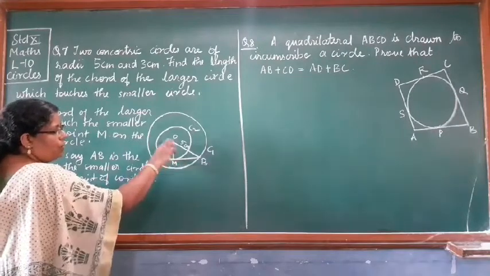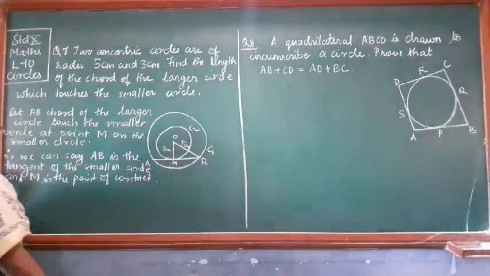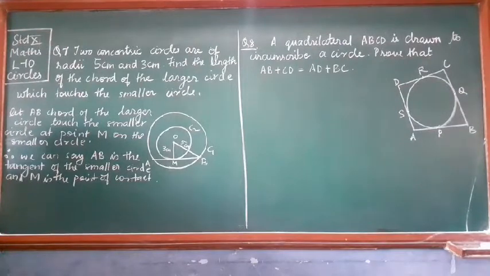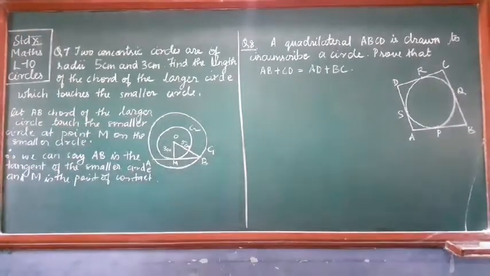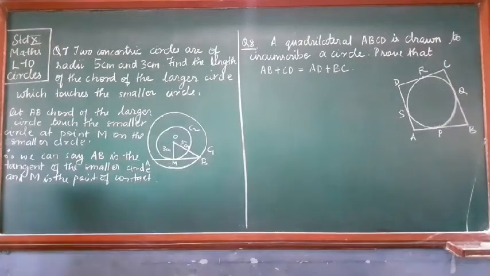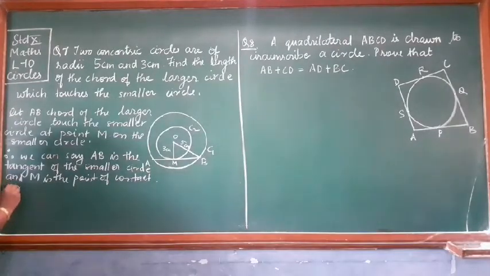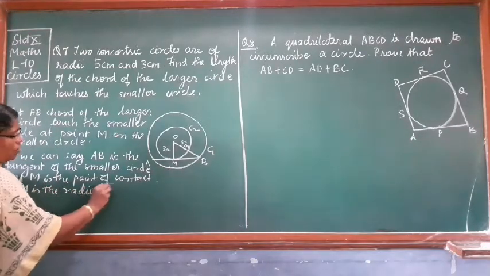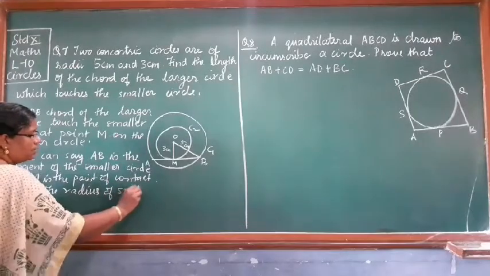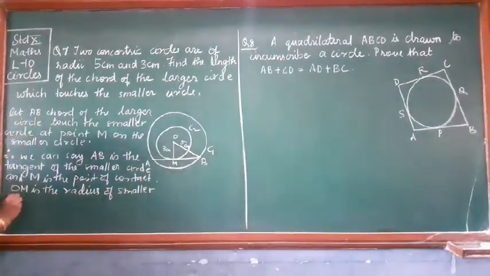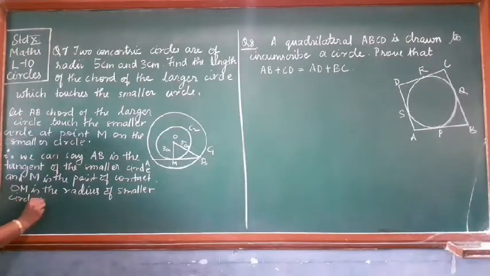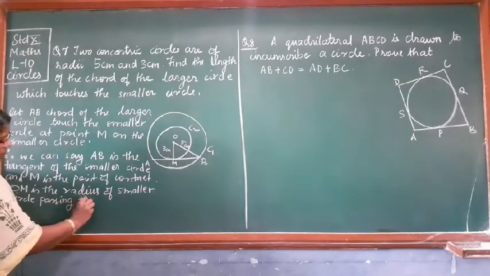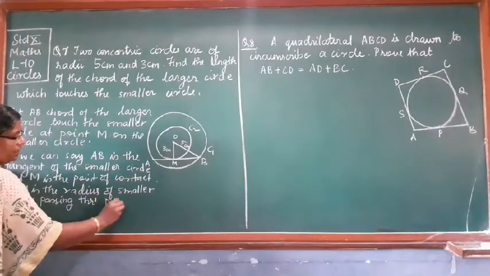Then we can say OM is perpendicular to AB. Can we say that? We can say that, no? OM is perpendicular to AB. OM is the radius of the smaller circle passing through the point of contact.